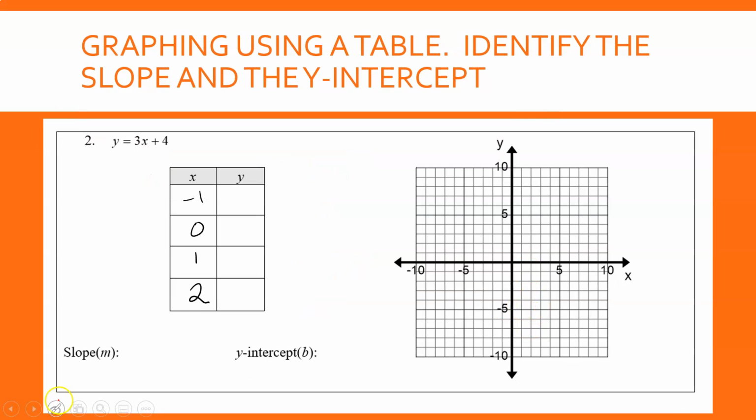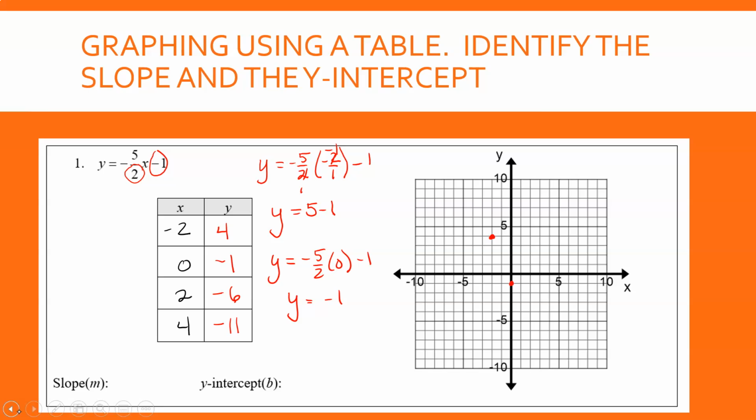There's our line. That other one won't fit. So we're right here. Don't worry about fitting that other one on. My slope is right here, so it's -5/2. My y-intercept is right there, and right there on your table, -1.